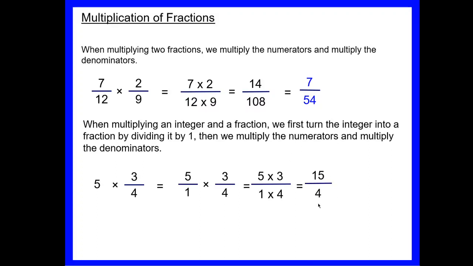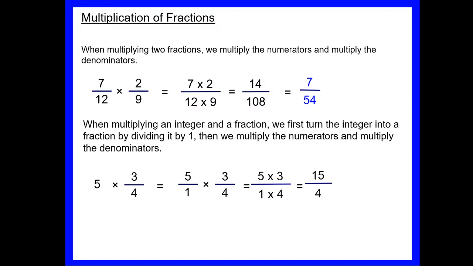Again, we've now got a single fraction, but this time it's a top-heavy or improper fraction. Our numerator is bigger than our denominator. So we need to change that into a mixed number. So remember, the rule for changing to mixed numbers is we see how many of the denominator we can fit into the numerator. So if I count up in 4s, I get 4, 8, 12.